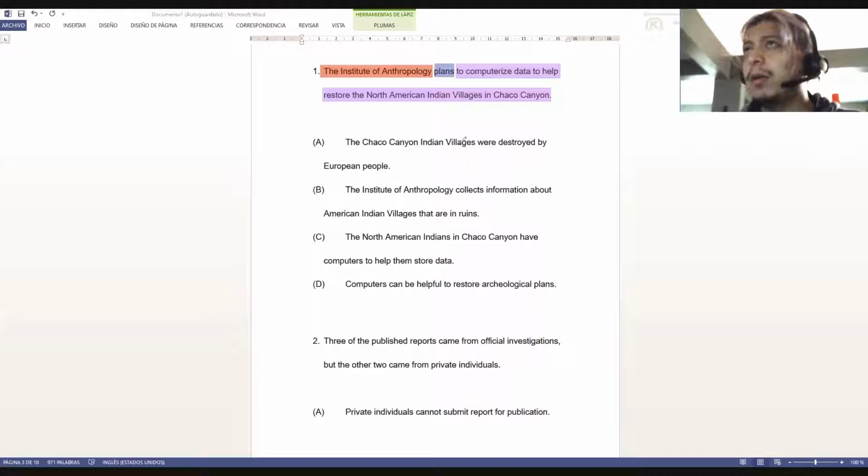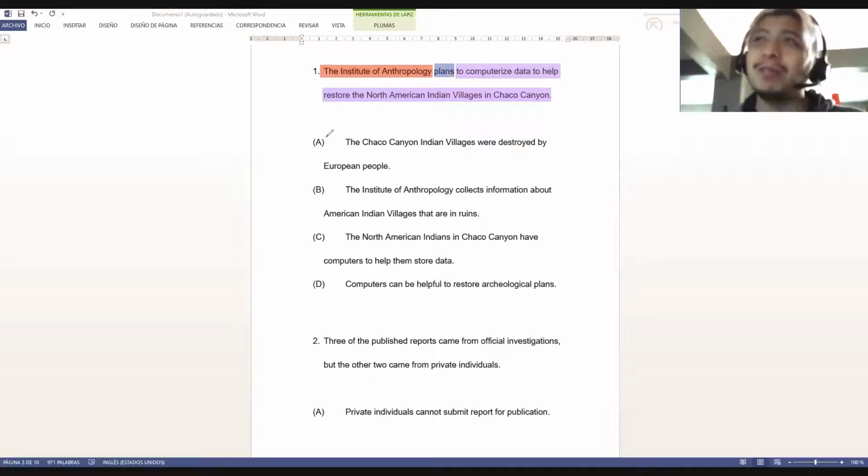Can we infer A? It says the Chaco Canyon Indian villages were destroyed by European people. Well, the Institute plans to computerize the data to restore the villages. Restoring means that it is in a bad condition, probably destroyed, but it doesn't say who destroyed it.